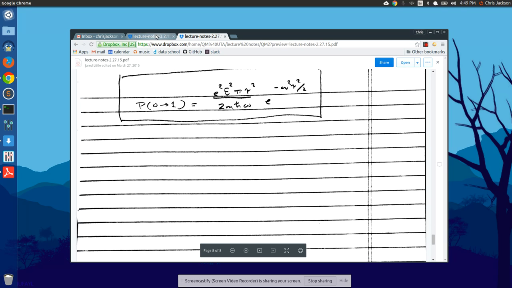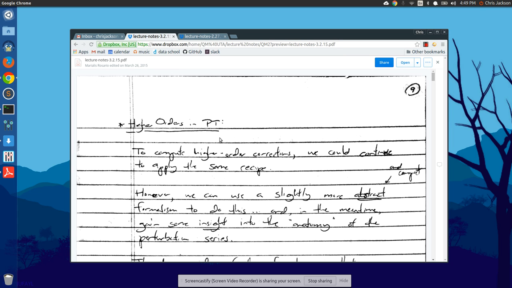But okay, so that was, like I said, the traditional way of doing time-dependent perturbation theory. And what I want to do today is talk a little more abstractly, I guess, talk in a more formal way about a different approach to time-dependent perturbation theory.